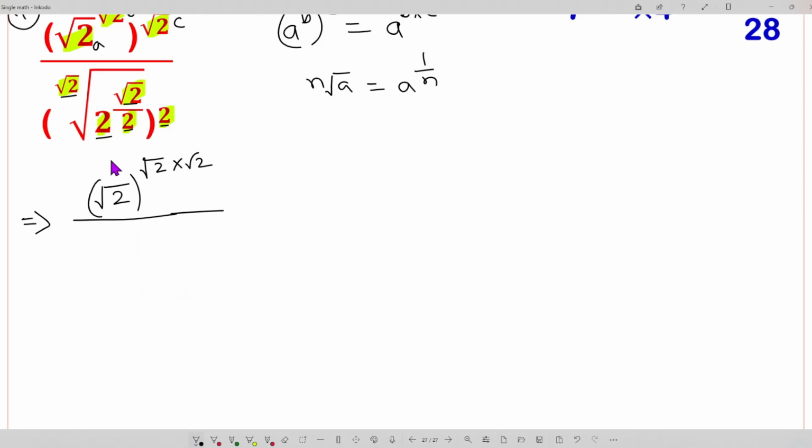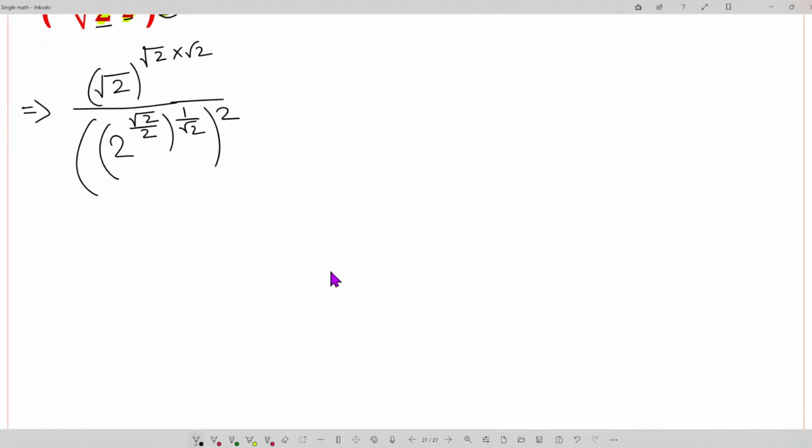So again for this one, we can write 2 to the power root 2 by 2, and whole to the power 1 by root 2, and the whole power will be 2. This is this one. Okay.